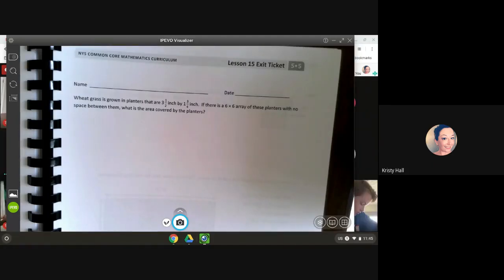Okay, wheatgrass is grown in planters that are 3.5 inch by 1 3/4 inch. If there is a 6 by 6 array of these planters with no space between them, what is the area covered by the planters? So what do we know?